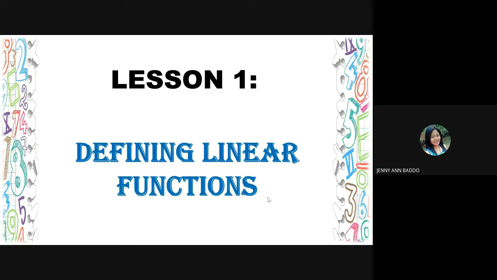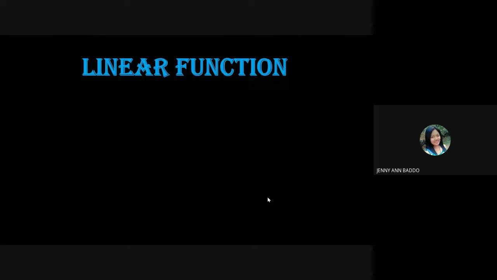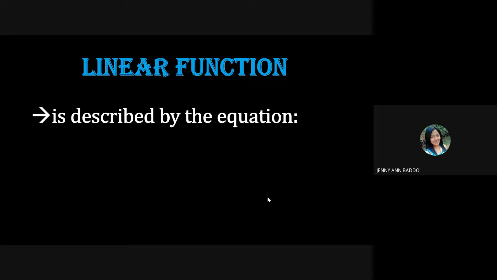Let us have our first lesson, defining linear function. When we say linear function, it is described by the equation y equals mx plus b. Now, if you can still remember, this was presented in the previous lessons as the slope-intercept form of a linear equation.